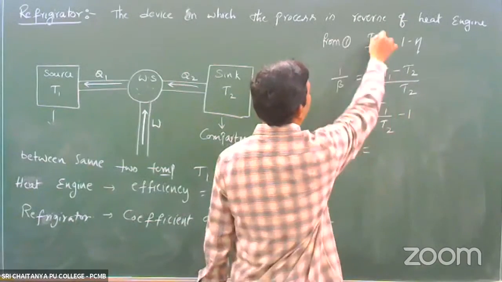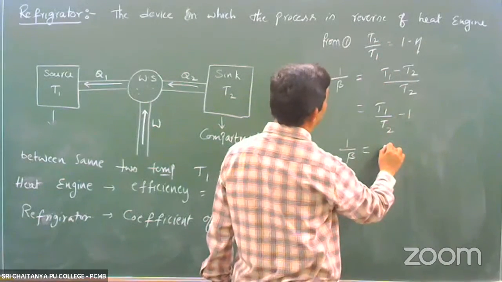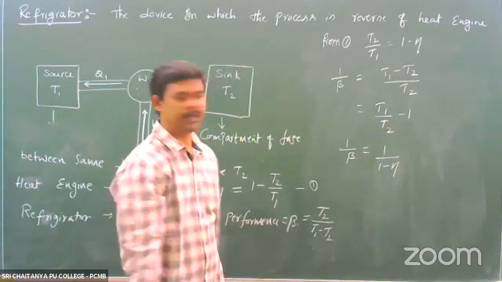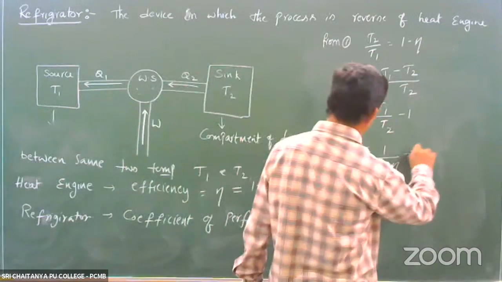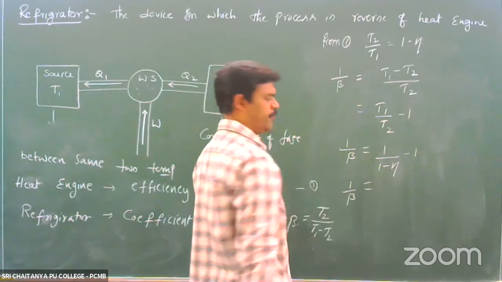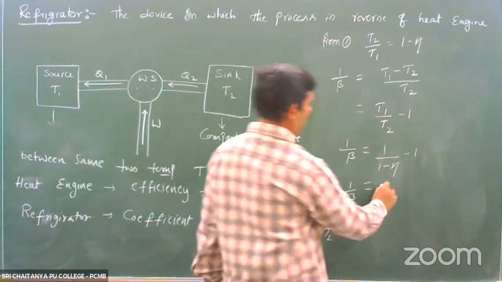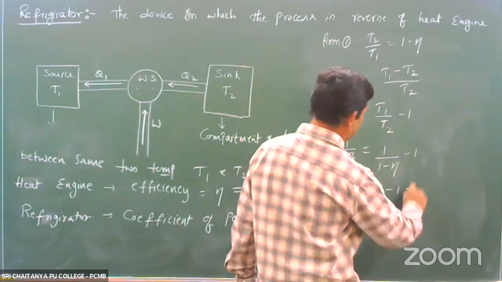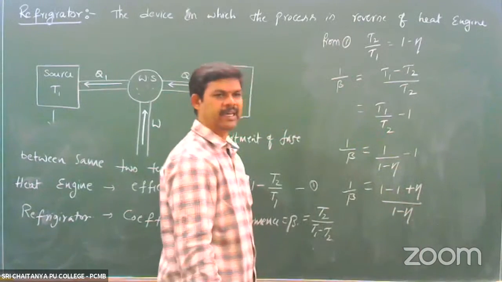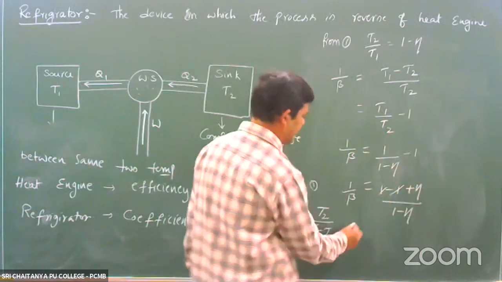T1 by T2 is 1 by 1 minus eta, minus 1. So what does it give? 1 minus 1 plus eta by 1 minus eta. The 1 gets cancelled.